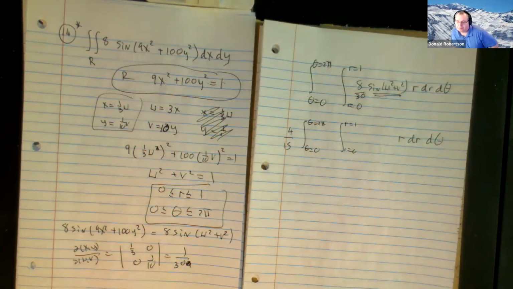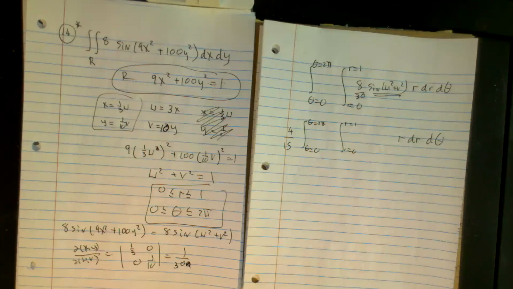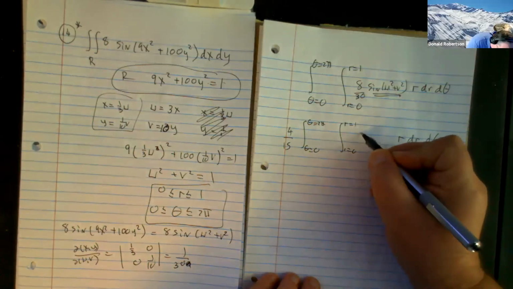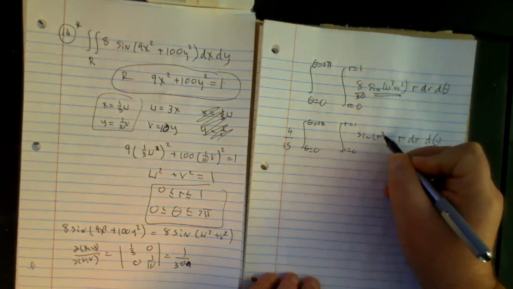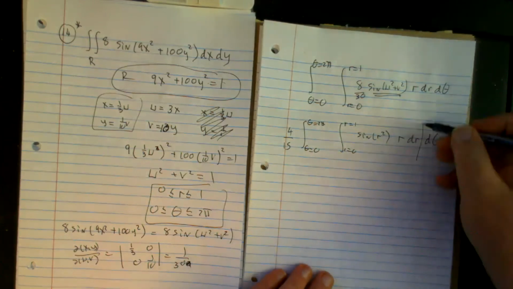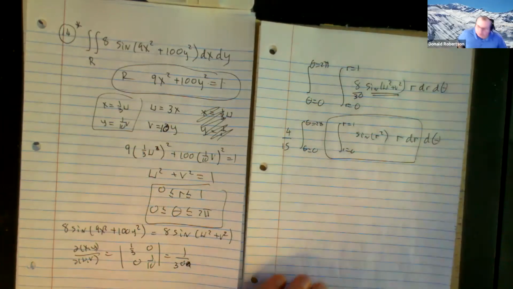What does that become in terms of polar, just r's? What's u squared plus v squared going to get me? R squared. Yeah. And would you agree that this is a variable separable question?